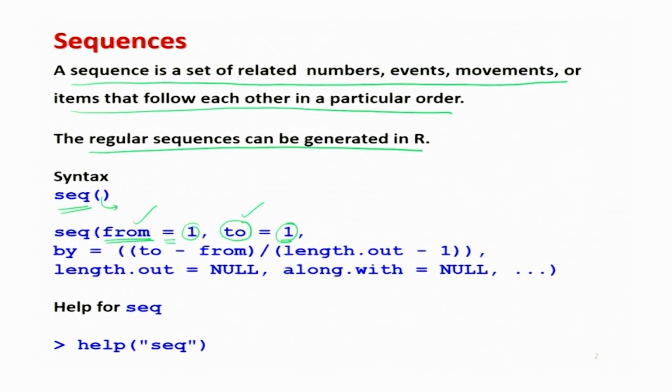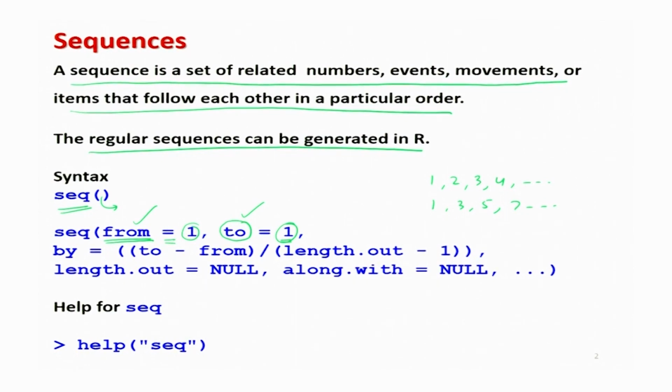Now, the usual way in which the sequence is going to progress is by one unit, like 1, 2, 3, 4, etc. Now, you have different options that you can choose. The sequence should be like 1, 2, 3, 4, etc., or like 1, 3, 5, 7, etc., or this can be something else, whatever you want.